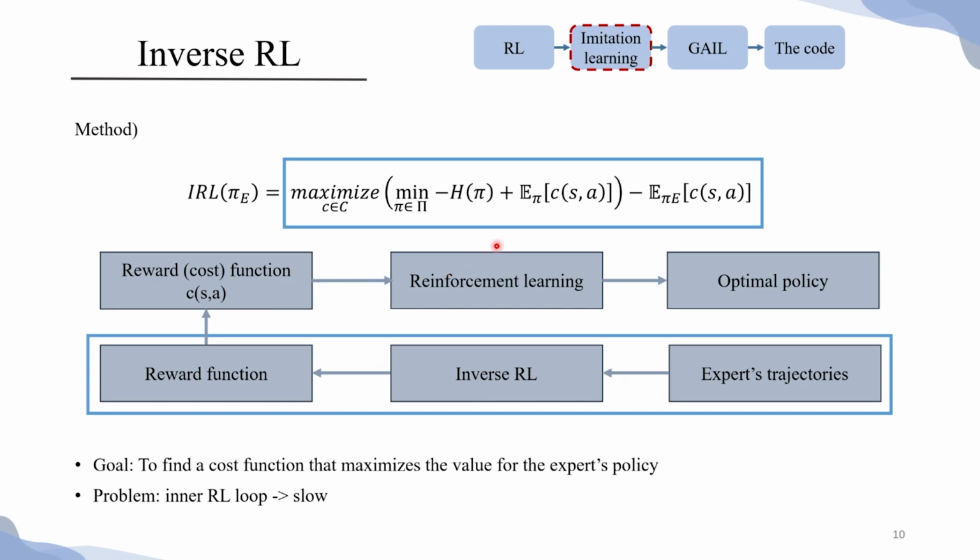The main drawback is that the reinforcement learning loop is inside the loop of optimizing the cost function, which makes the process slow. This involves finding the cost function, then using RL to find the best policy for that cost function and repeating this process.